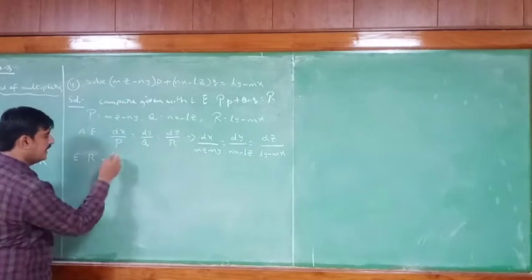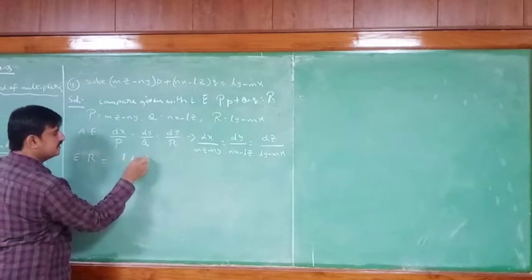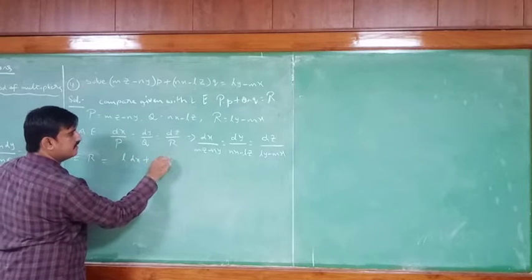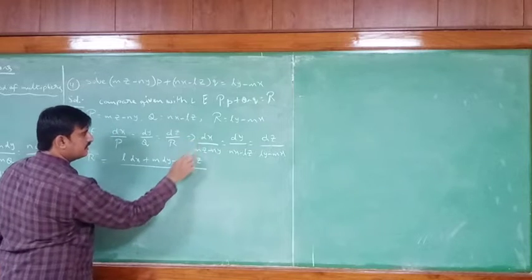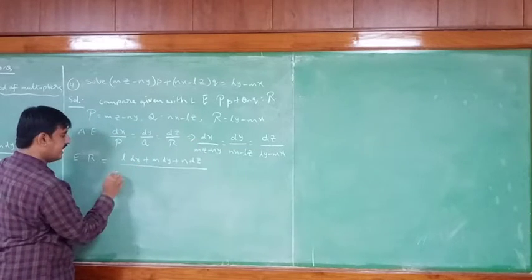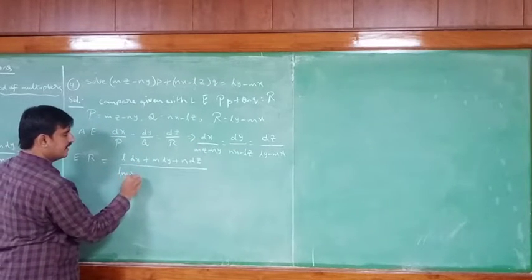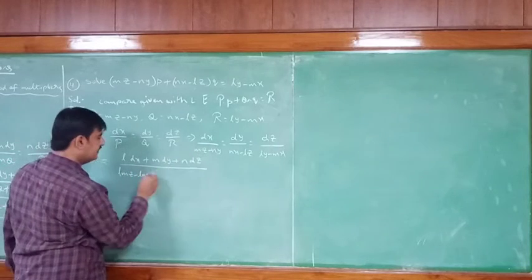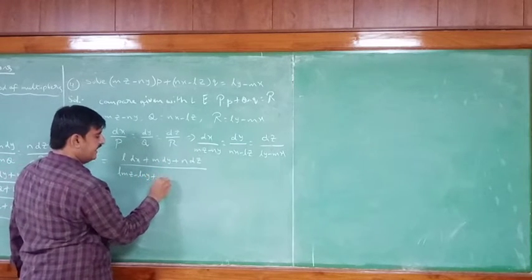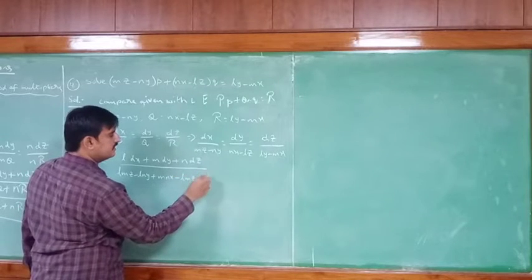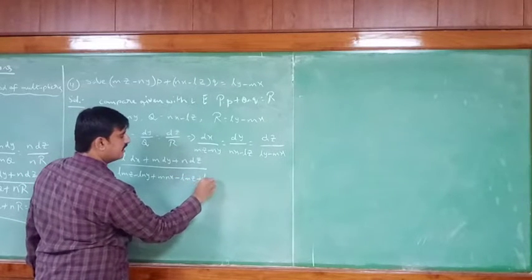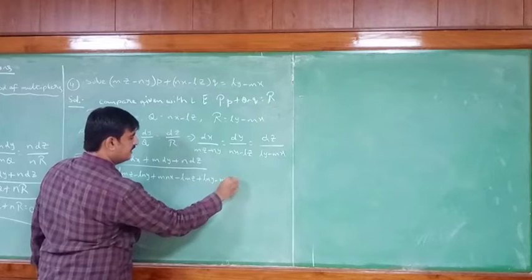So what I get here: l dx plus m dy plus n dz by, so already multiplied by l, here also with l I get lmz minus lny, and here with m, mnx minus lmz, and here with n, lny minus mnx.